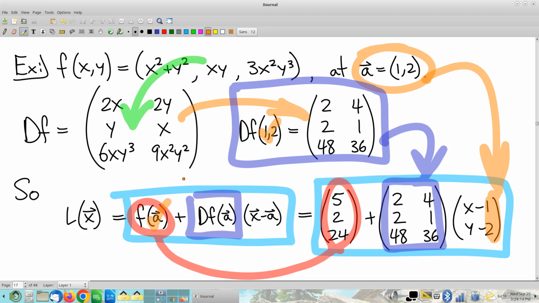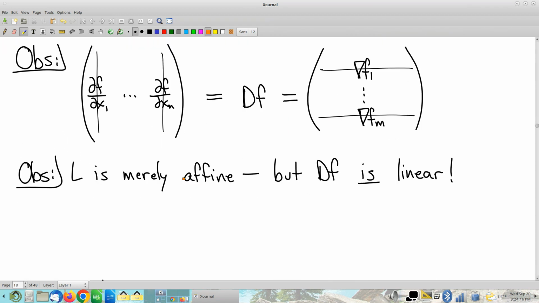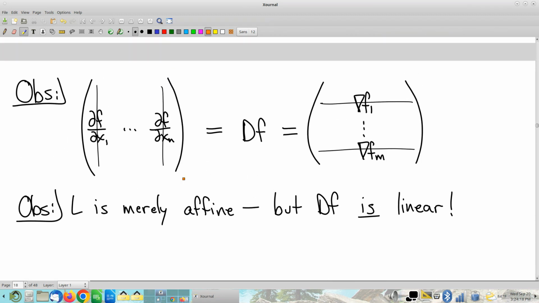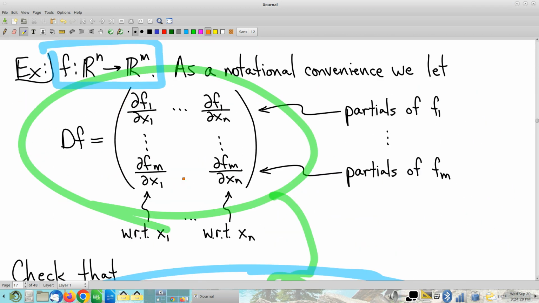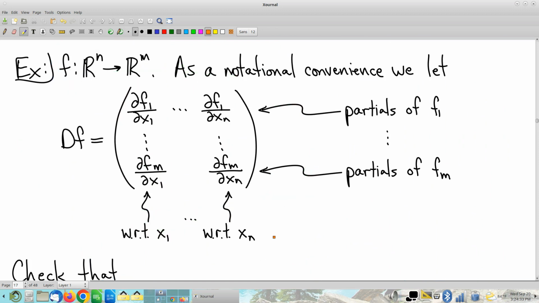All right. Okay. A couple of quick observations to make, while we're here. So we've previously seen, in fact, let me just scroll back up to it, that in the derivative matrix, all the entries in this column are partial derivatives with respect to x1. The various different output components of f, all with respect to x1.